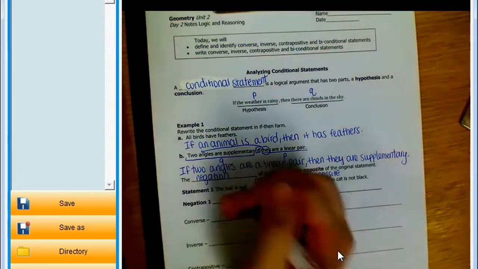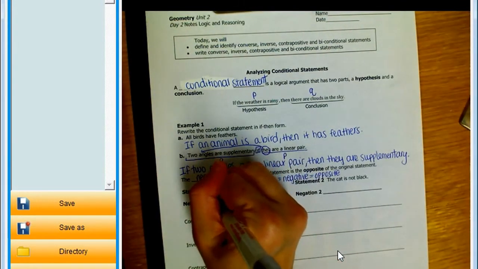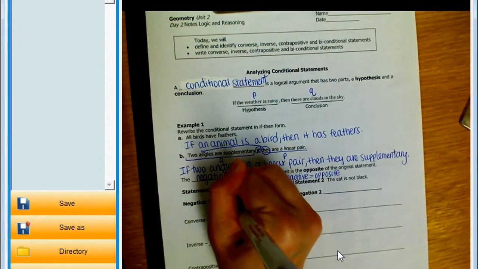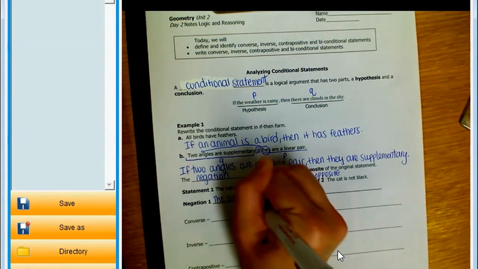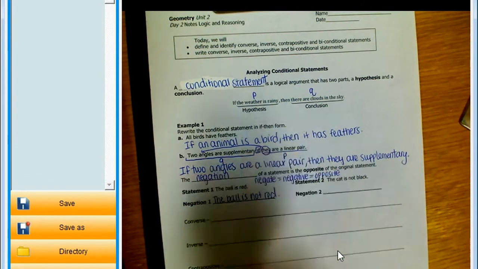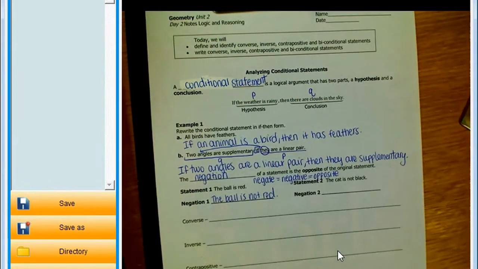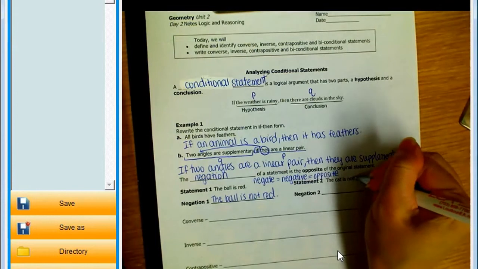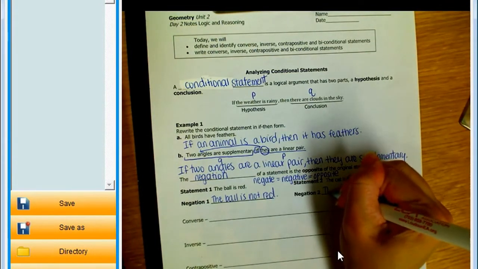To negate the statement, you would need to write the ball is not red. Statement 2 already has the word not. The cat is not black. To negate, you need to eliminate the word not. So the cat is black.